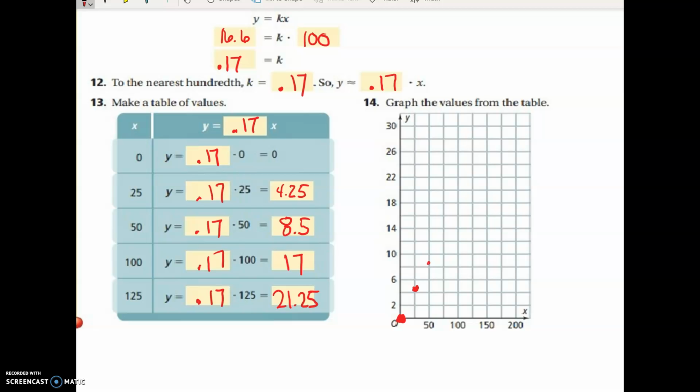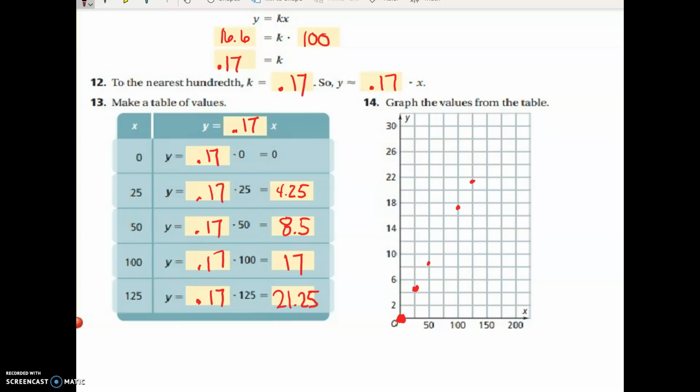And then we go 100 and 17. So 100 up to approximately where 17 would be. And then 125 right here, and 21.25 approximately. So we can kind of see that relationship here, graph those values to show that direct variation is happening. If you want to connect the dots together, you're more than welcome to do that.